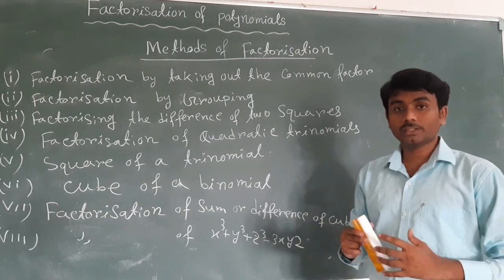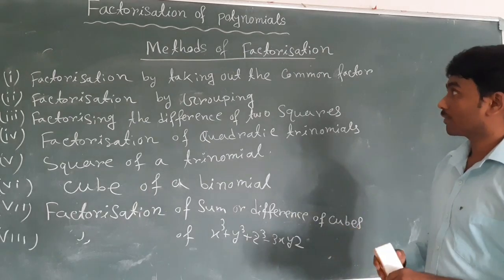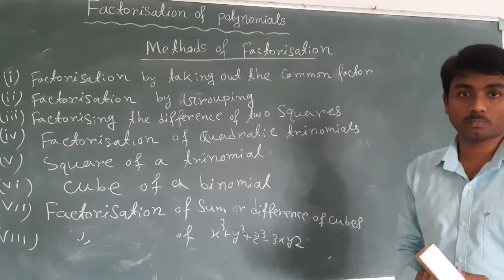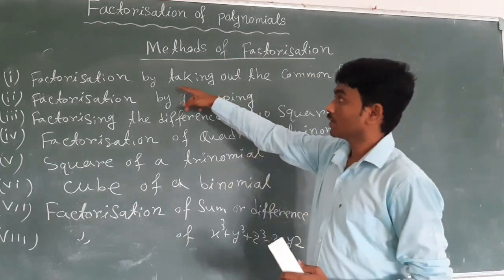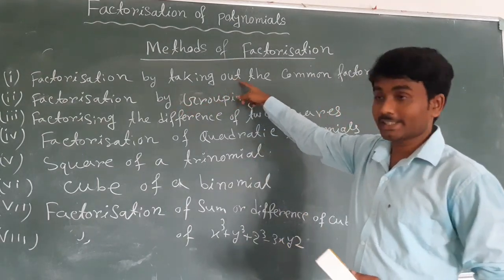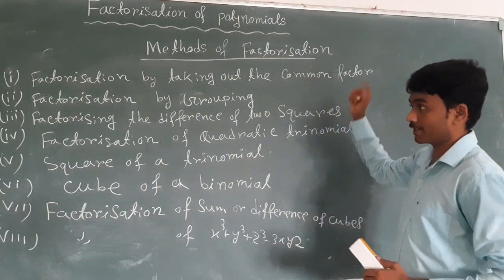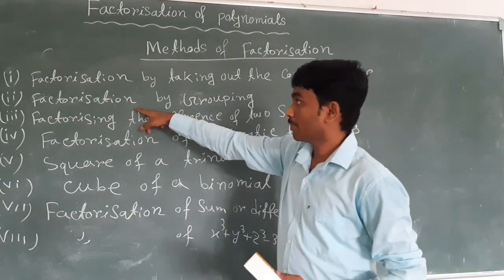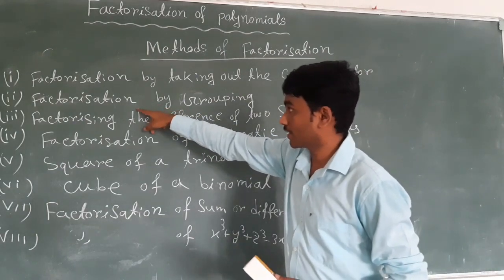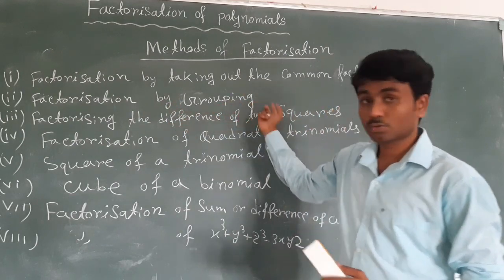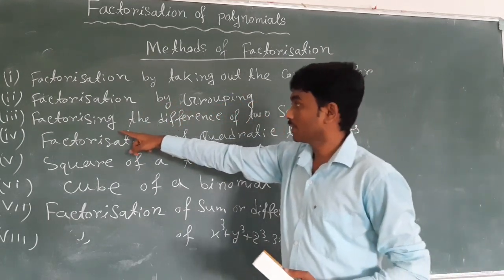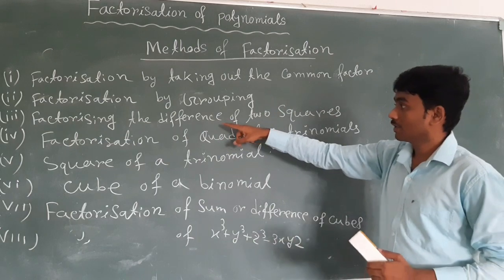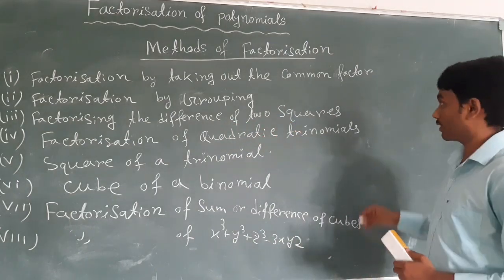By 8 methods, we can factorize a given polynomial. First method, factorizing by taking out common factor. Second one, factorization by grouping. Third one, factorizing the difference of two squares.